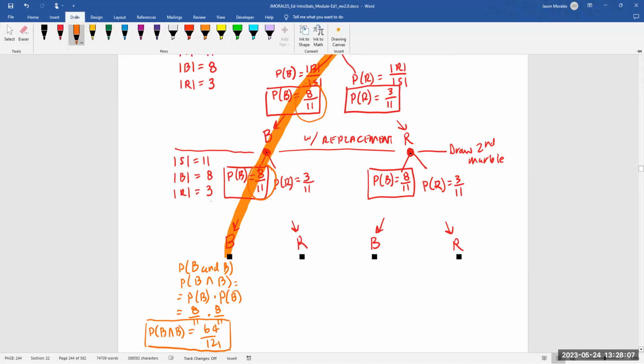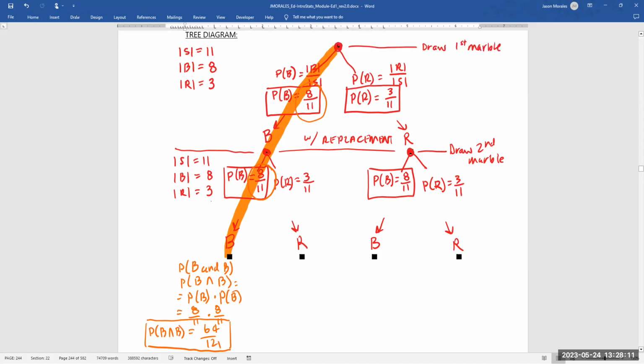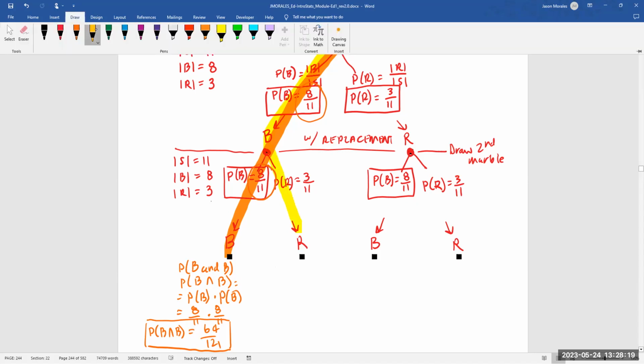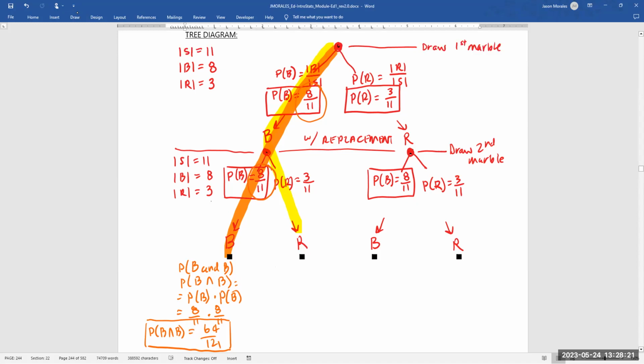Okay, let's look at another path. So if we drew a blue marble first and then a red marble second, then we're going to multiply those two probabilities. So the probability of getting blue first and red second is going to be equal to the probability of blue times the probability of red.